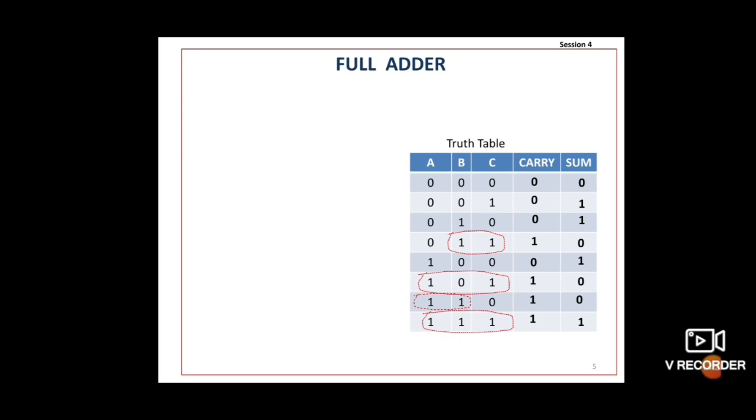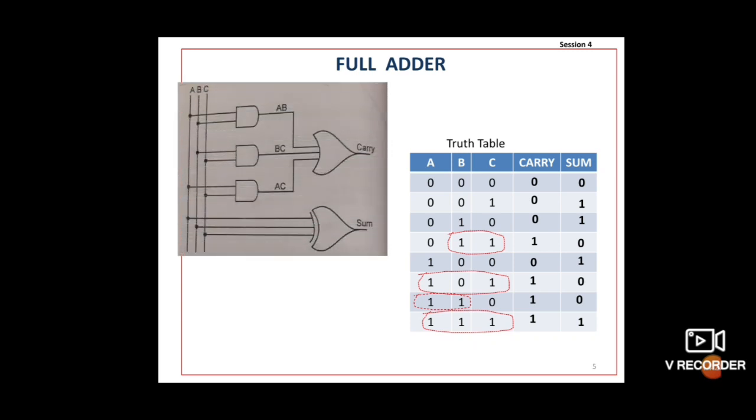Now see how to draw this circuit. See here, already, for sum we use an XOR gate. Okay, because an XOR gate can take more than one input, 2, 3, 5. So here we can directly attach A, B, C, and this XOR gate can perform the addition of A, B, C. Now what about this carry?